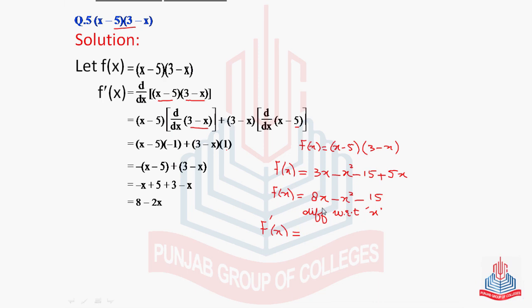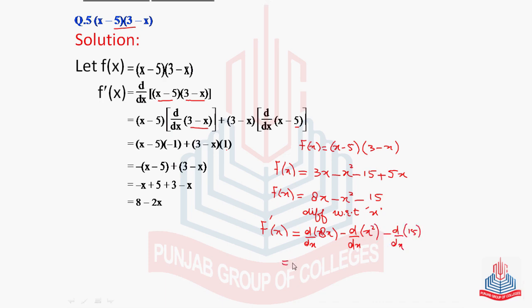Derivative will be applied on 8x, then minus x square, and then minus 15. So that will be d by dx of 8x minus d by dx of x square minus d by dx of 15.